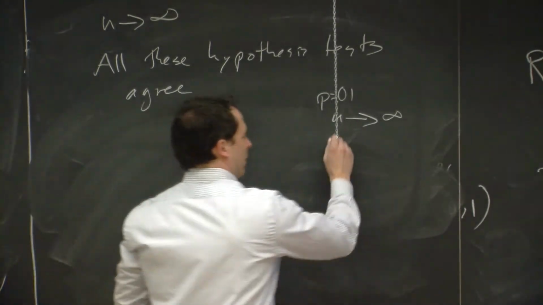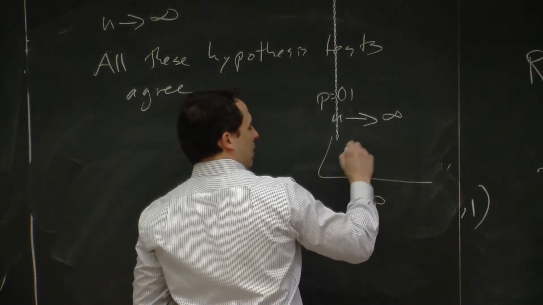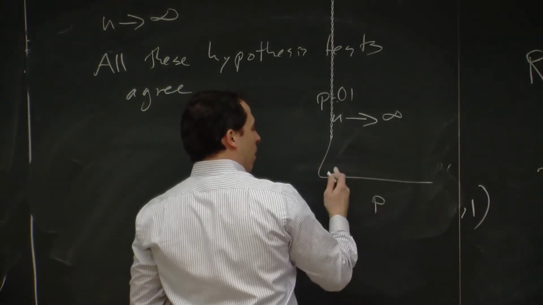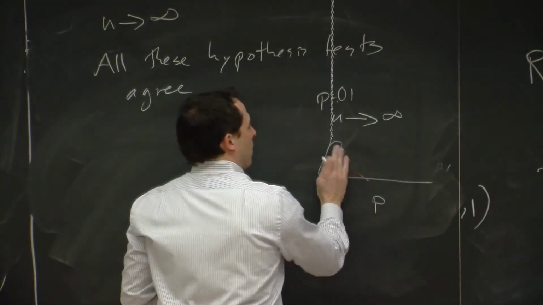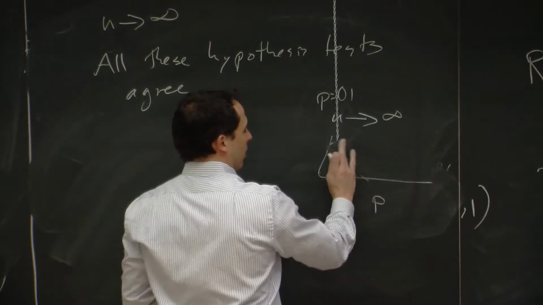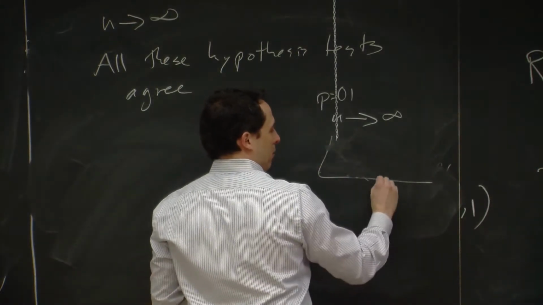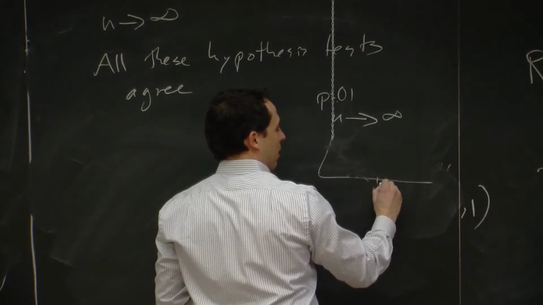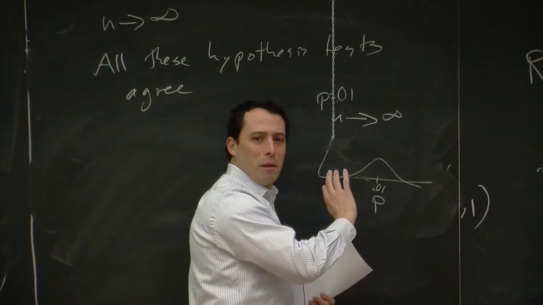It's like we zoomed in. When n is small, we're too close to 0 and bad things happen. But when n is gargantuan, say 100 billion, 0.01 times n is actually pretty big, and there's plenty of room on both sides of it to get the normal approximation.